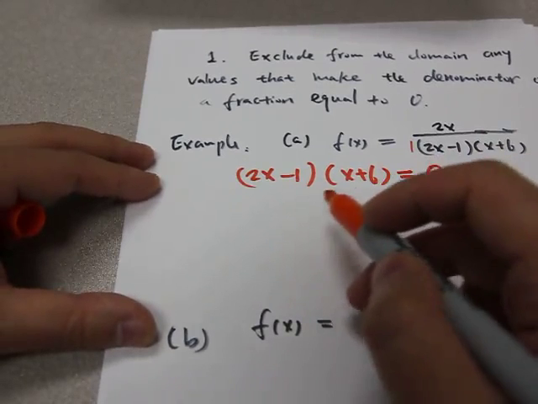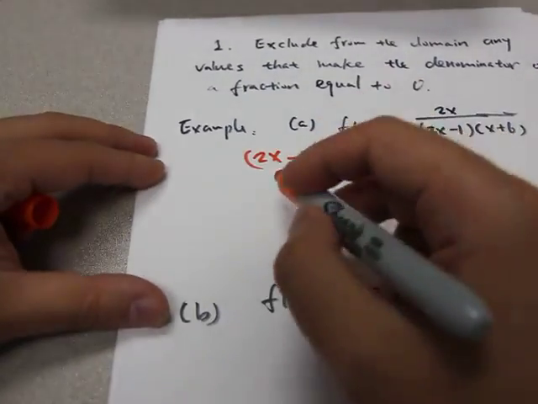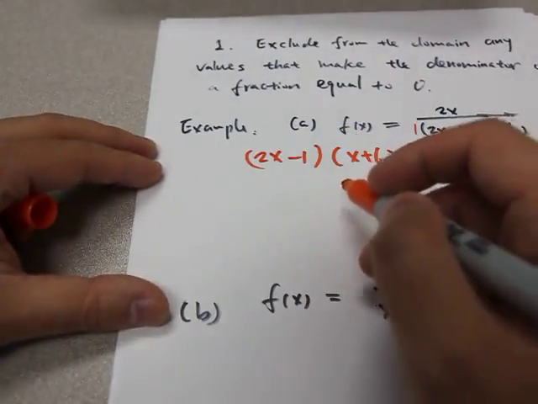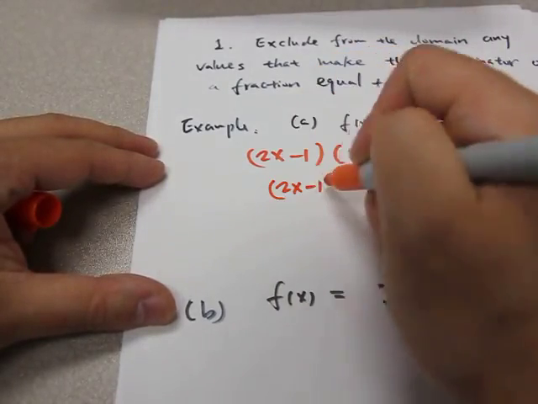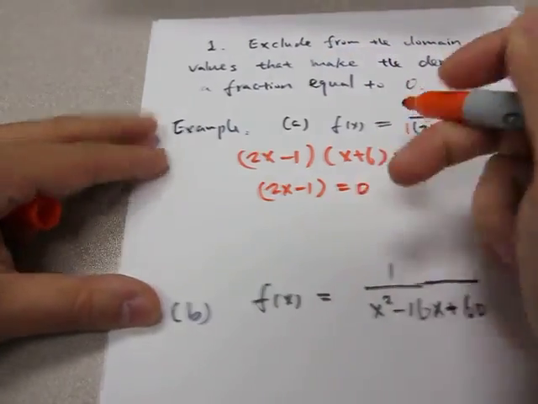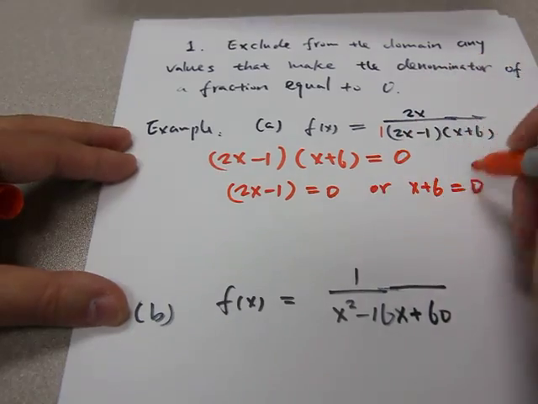And in our previous classes, we said when we solve this equation, we can use the zero product property. So this equation is equivalent to 2x minus 1 equals 0 or x plus 6 equals 0.